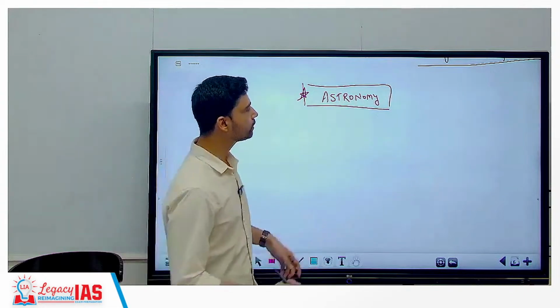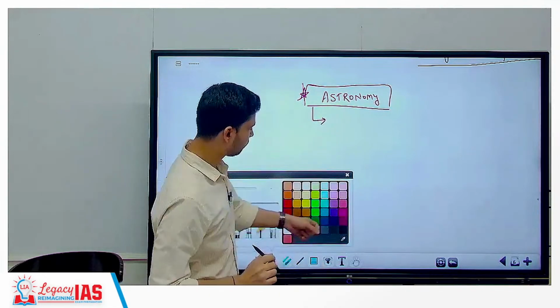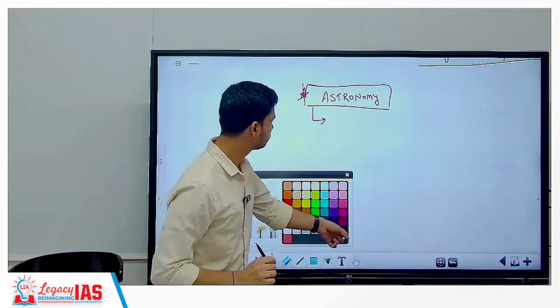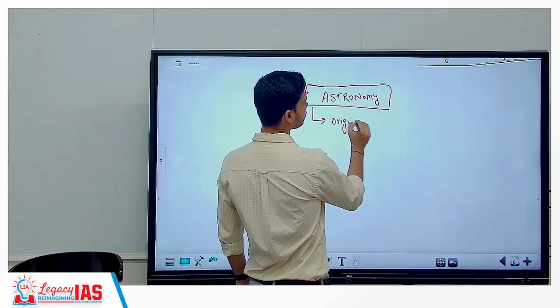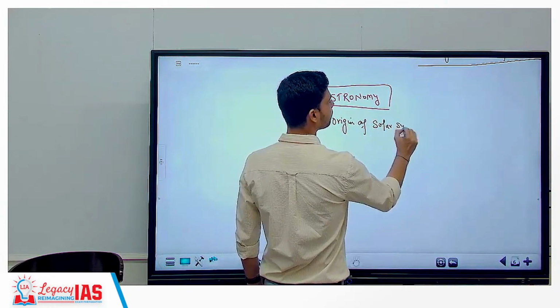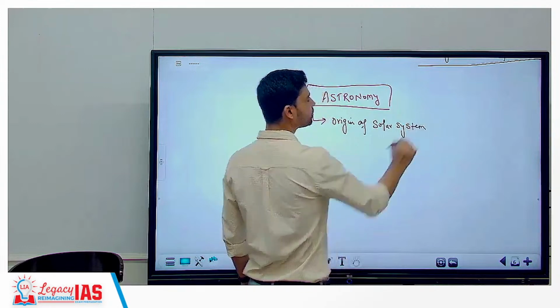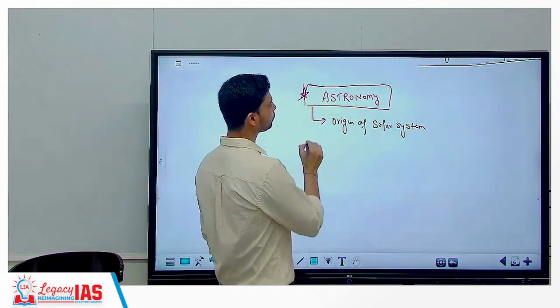So study of the universe, study of the solar system. So here also we can write the chapter's name. First of all, origin of the solar system we have to study here. How did the solar system originate? How did it develop, including Earth?